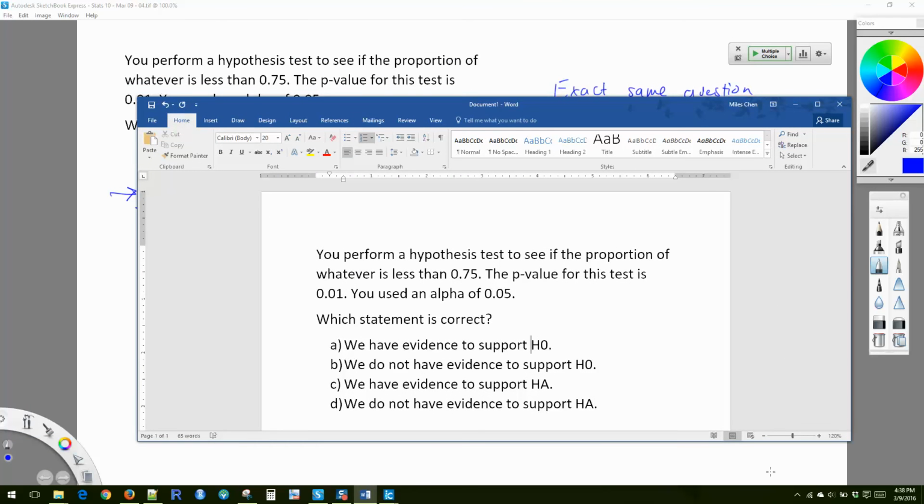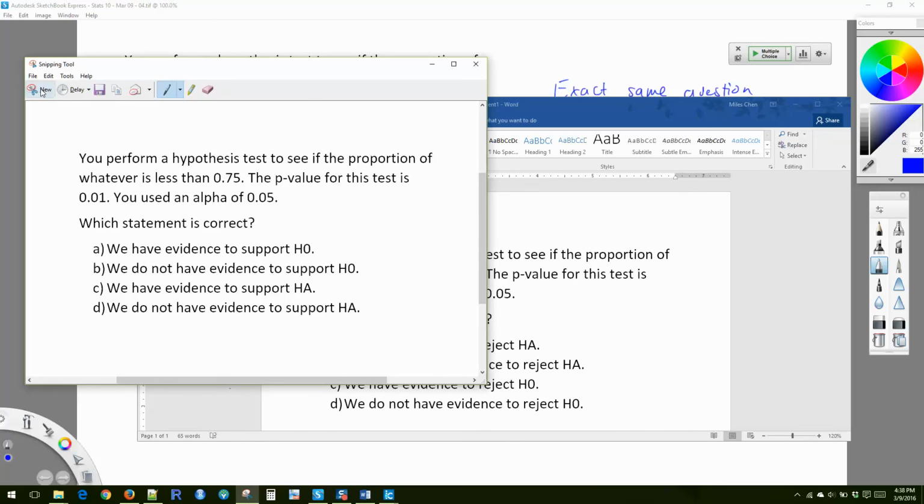The negative would have to be: we have evidence to reject the alternative, we do not have evidence to reject the alternative, we have evidence to reject the null, and we do not have evidence to reject the null. Rejecting the null is equivalent to supporting the alternative.